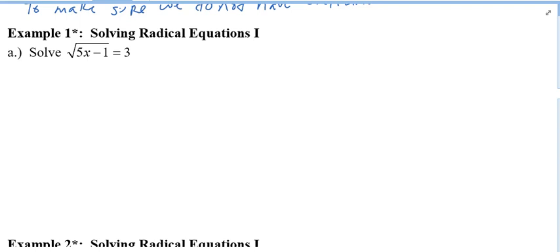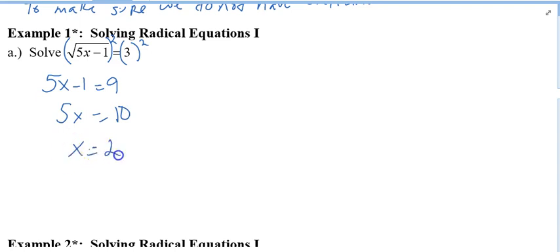So we are going to square both sides. When we square both sides, what does that leave us with? 5x minus 1 equals 9. Now we want to solve it. So we get 5x equals 10, x is 2.